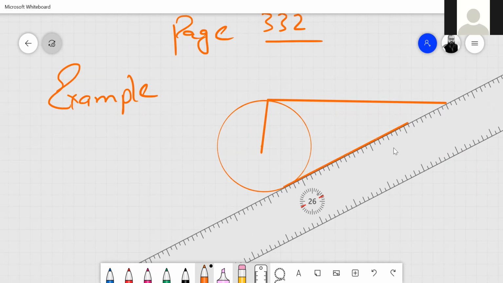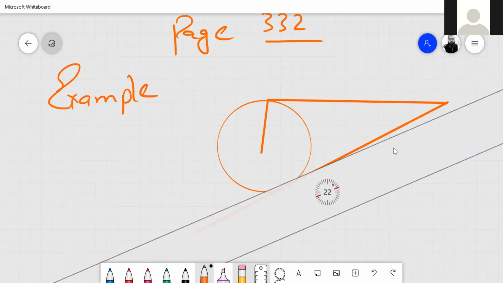You can draw these two tangents anywhere. Okay, I draw this tangent here and this tangent here.